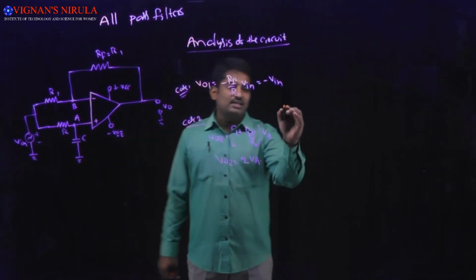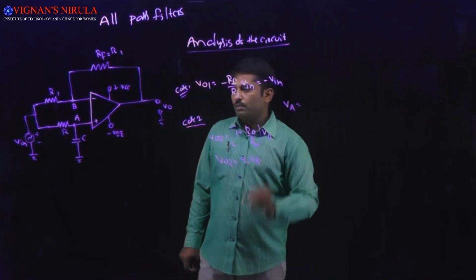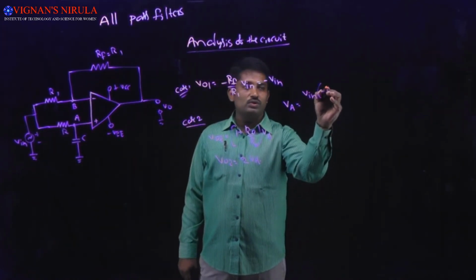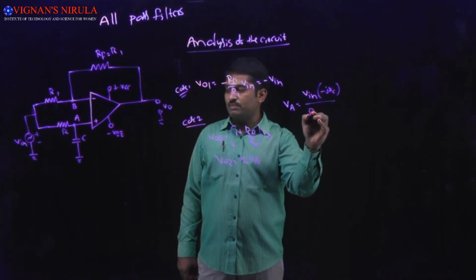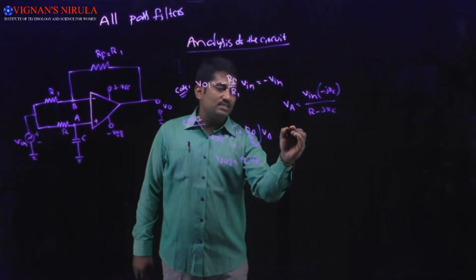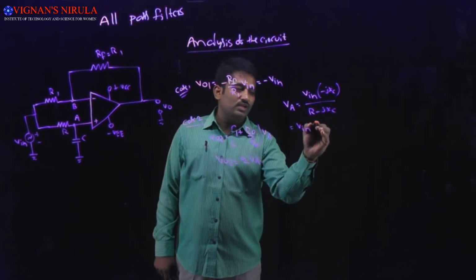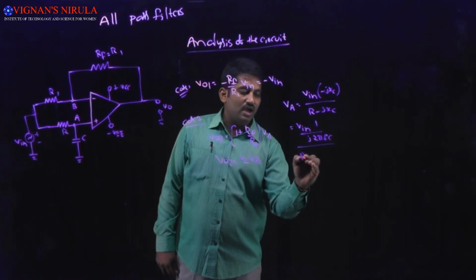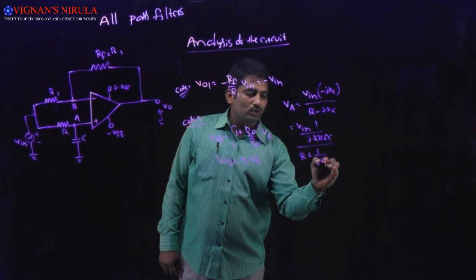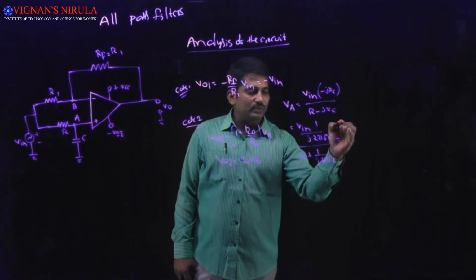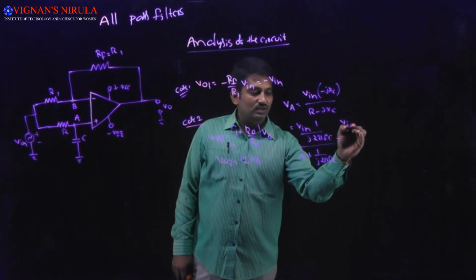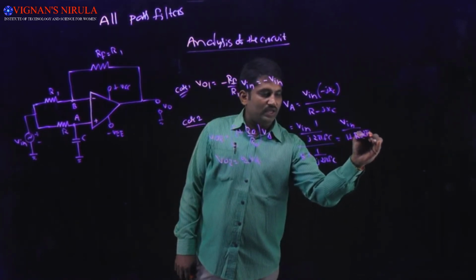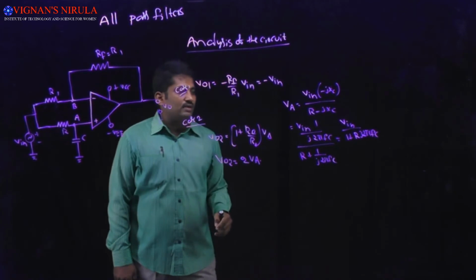Now first calculate the voltage at node A by using the voltage divider rule. VA is equal to Vin into minus jXC divided by R minus jXC, which is equal to Vin into 1 by j2πFC divided by R plus 1 by j2πFC, which gives Vin divided by 1 plus jR2πFC, which is nothing but VA.